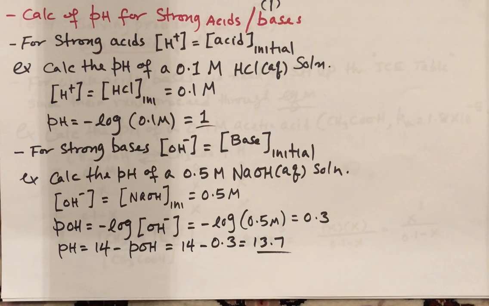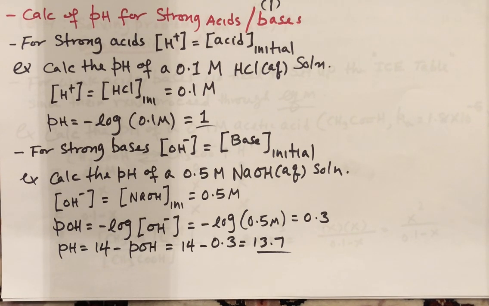So let's say, for example, we want to calculate the pH for a 0.1 molar HCl solution, which is a strong acid. The concentration of H plus is the same as the concentration of HCl because HCl is a strong acid. That basically means that all of the HCl will eventually be in the form of H plus.